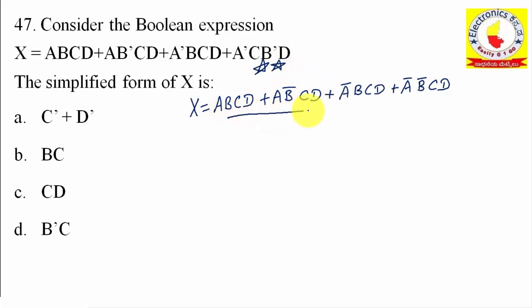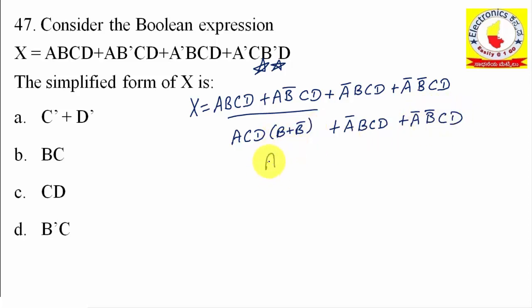See, in these two terms, what is common? ACD is common into B plus B bar. Then plus A bar BCD plus A bar B bar CD. What is B plus B bar? It is 1. So I am going to have ACD plus A bar BCD plus A bar B bar CD.